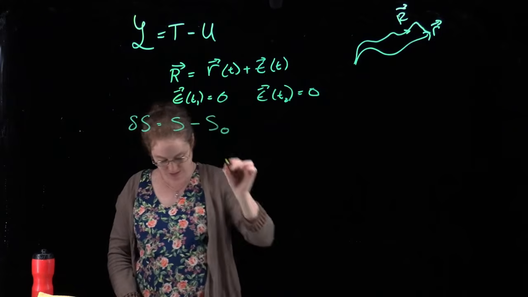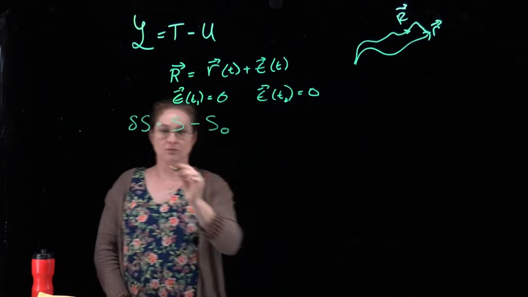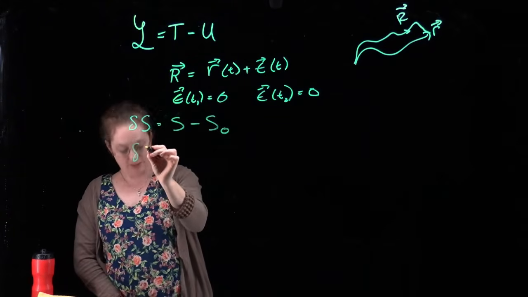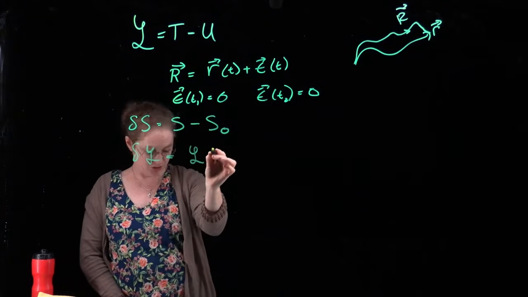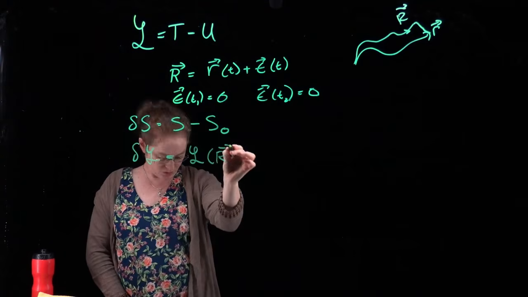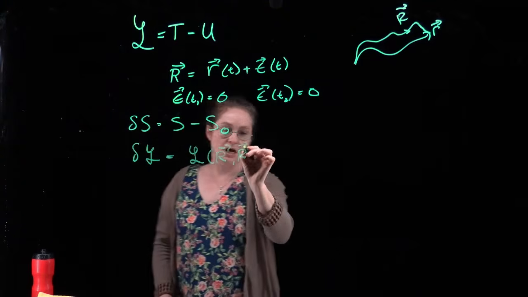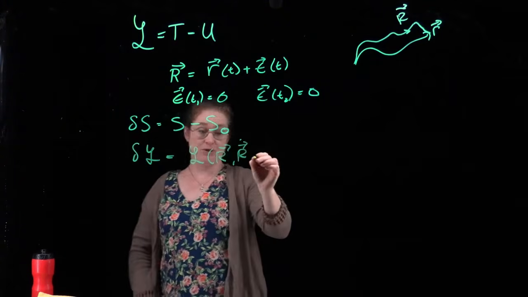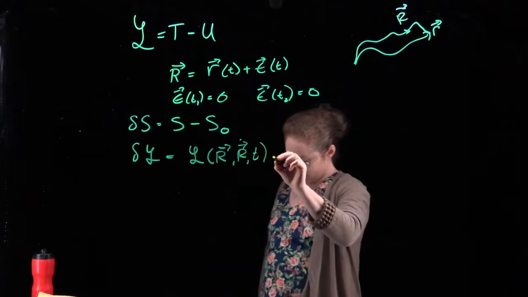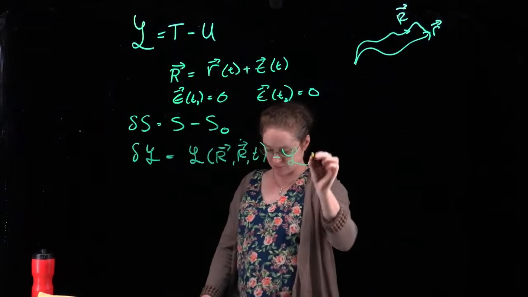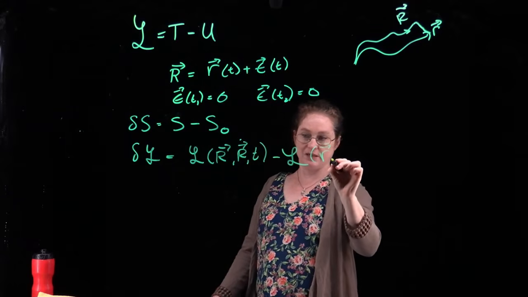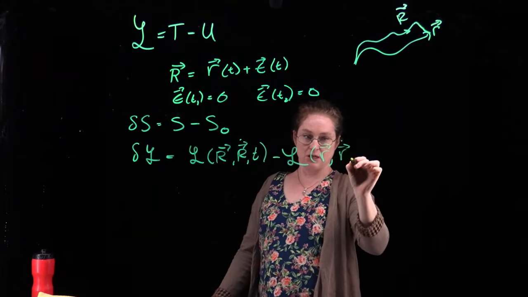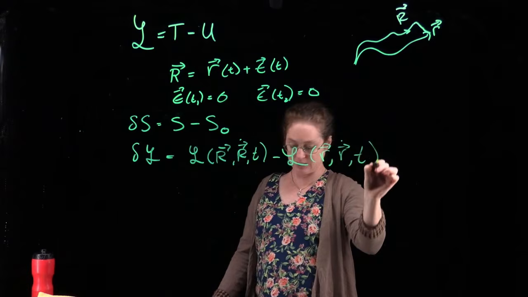So that is S minus S naught. A slight change in the action is then the Lagrangian evaluated at capital R, capital R dot, and t, minus the Lagrangian evaluated at little r, little r dot, and t.